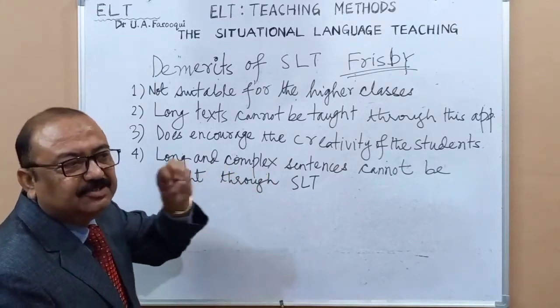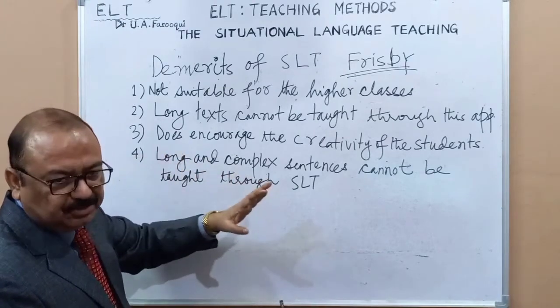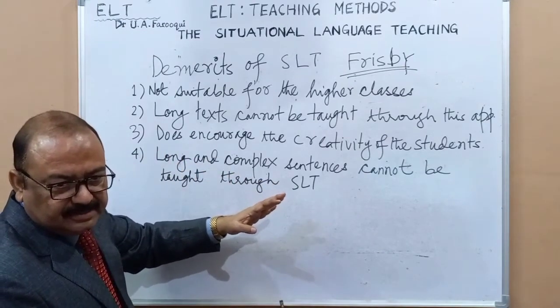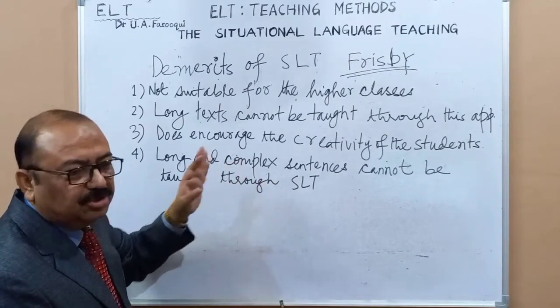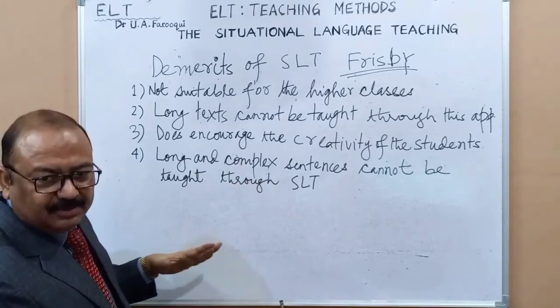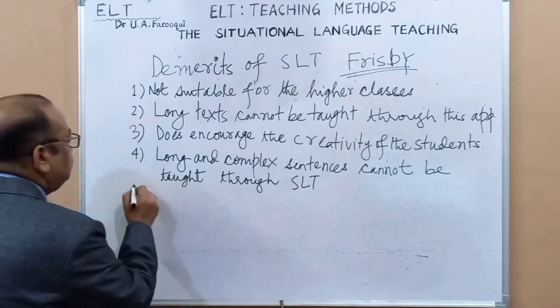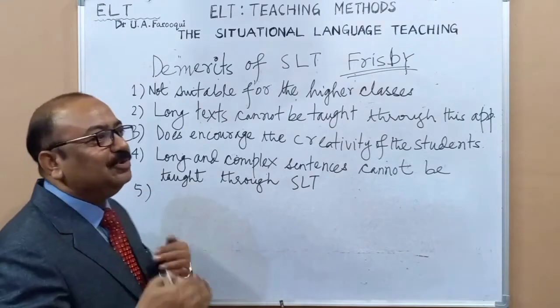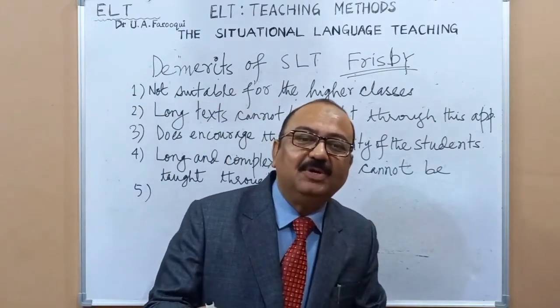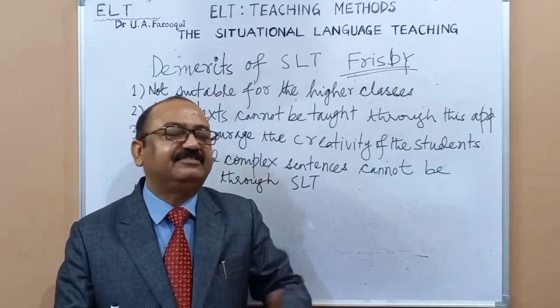Only set sentences, small patterns and small sentence structures can be taught, like this is John, this is Mary, this is Mr. Bell, this is Mrs. Bell. These are the sentences which were there in the first lesson of my first standard book.